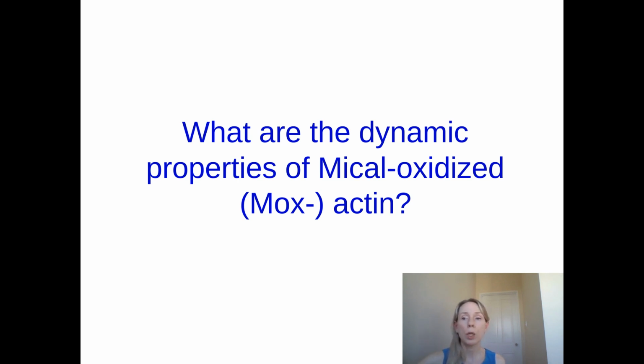Here I will show you two movies, and those are total internal reflection microscopy movies. These movies show you real-time disassembly of actin polymers on the slide surface. One will show you unoxidized actin, and the other is going to be a movie of the oxidized actin.